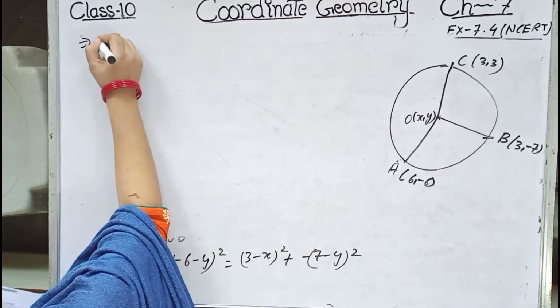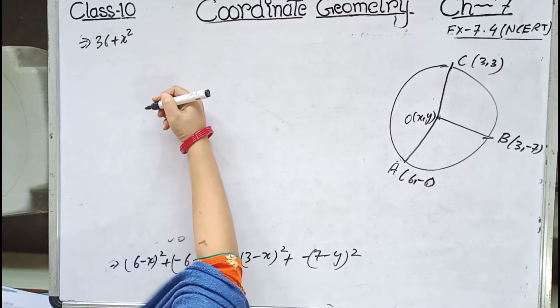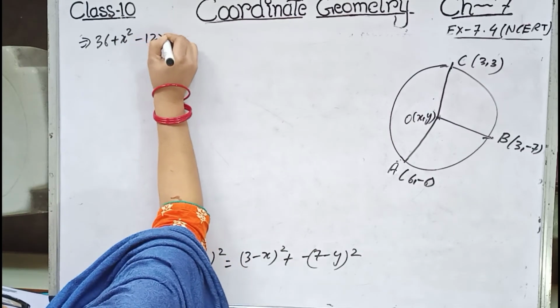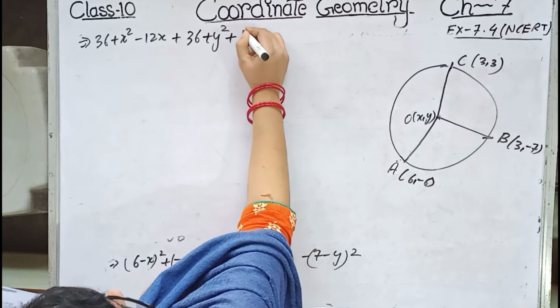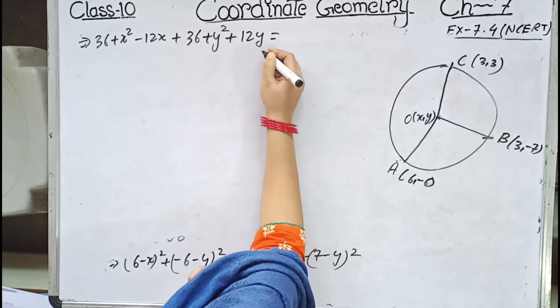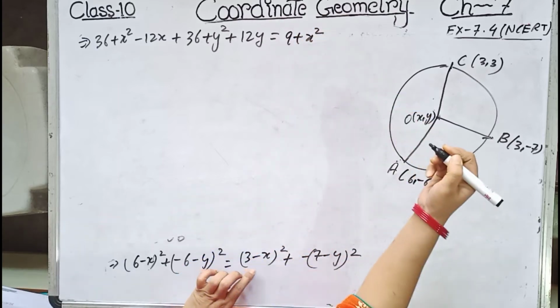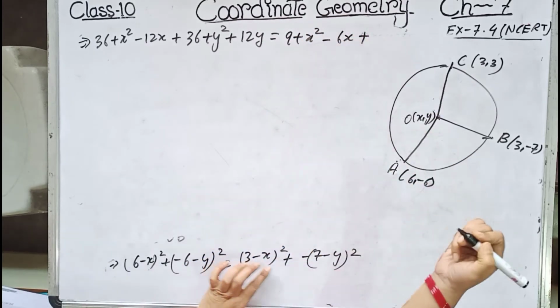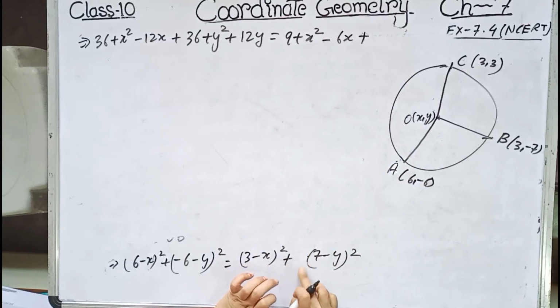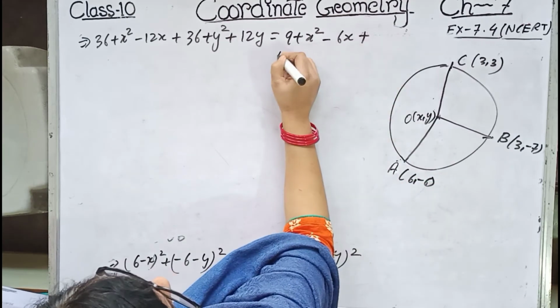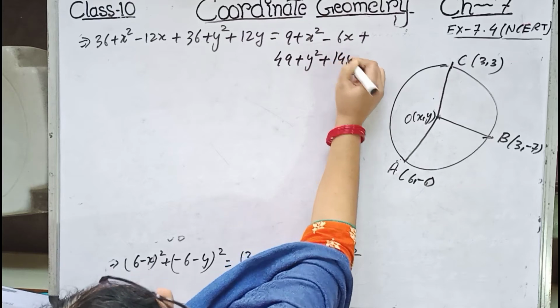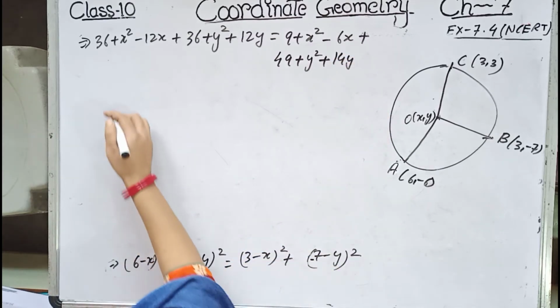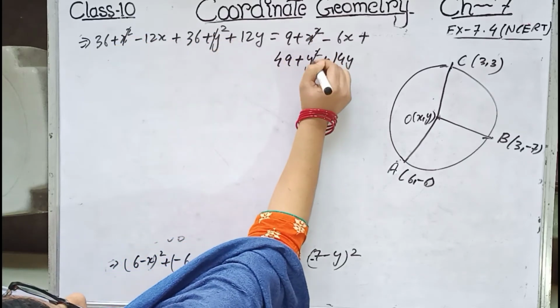So this implies 36 plus x square minus 12x plus 36 plus y square plus 12y equals 9 plus x square minus 6x, plus, this is minus 7 in the bracket, minus 7 minus y, so plus 49 plus y square plus 14y. Now this x square, y square will be cancelled.